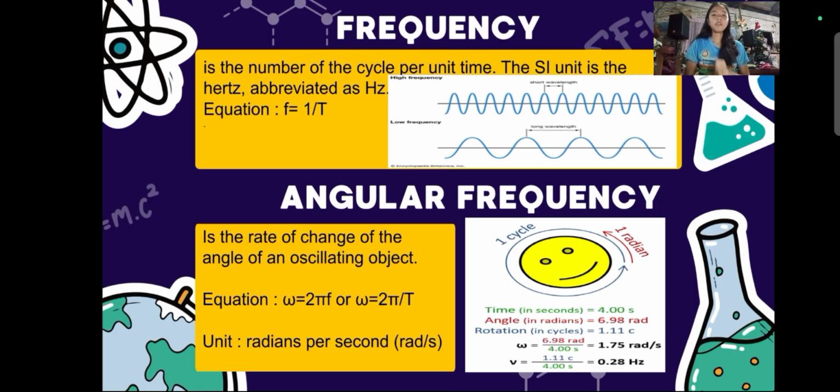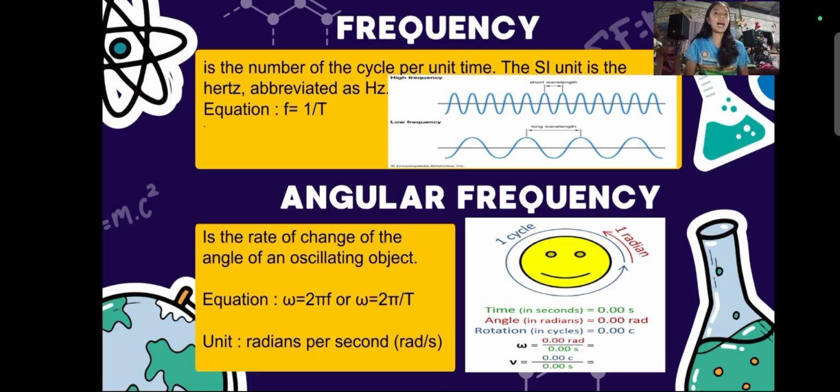The formula is the reverse of the period: the period formula is T equals 1 over f, while for the frequency, f equals 1 over T. If something vibrates faster, the frequency is higher.